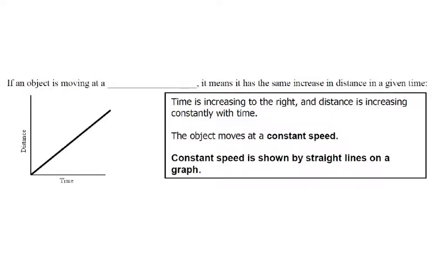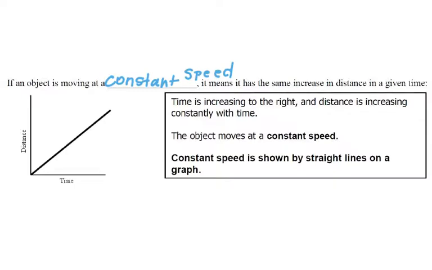So if an object is moving at a constant speed, it means that it has the same increase in distance in a given time. When you're looking at a data table, if the space between each data point stays the same, meaning that every second the distance increases 4 meters, that means that object is moving at 4 meters per second.